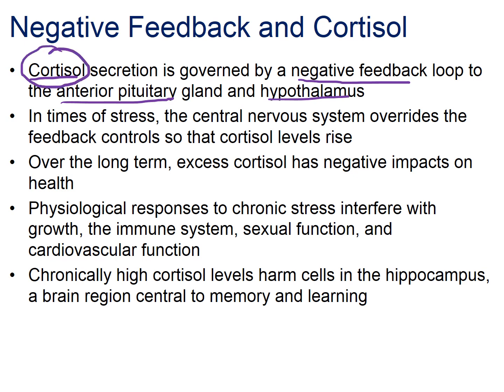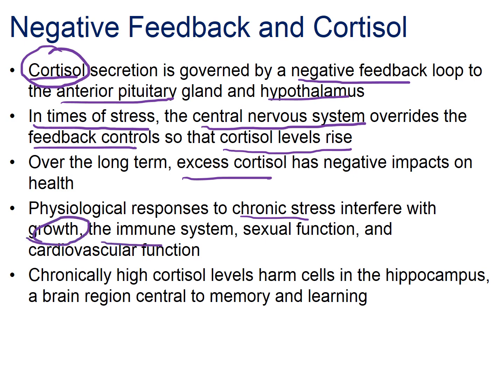Cortisol is normally going to regulate itself, but in times of long-term stress, the central nervous system is going to override the feedback control, and so cortisol level will keep on going up, right? Excess cortisol is actually bad for your health, right? Physiologically speaking, chronic stress will interfere with growth, with immune system.